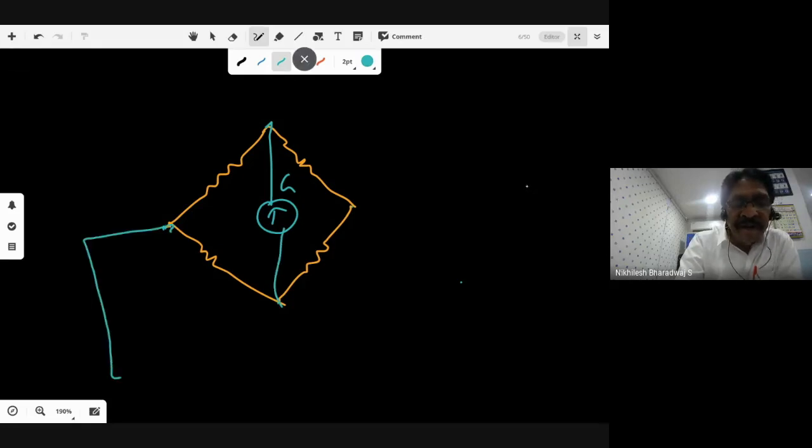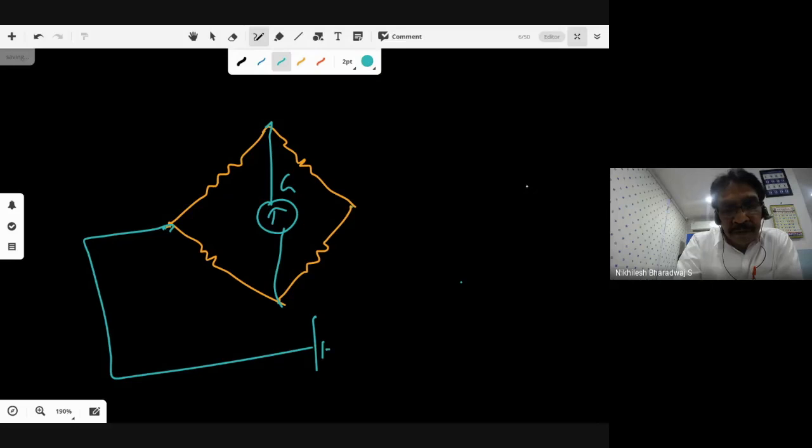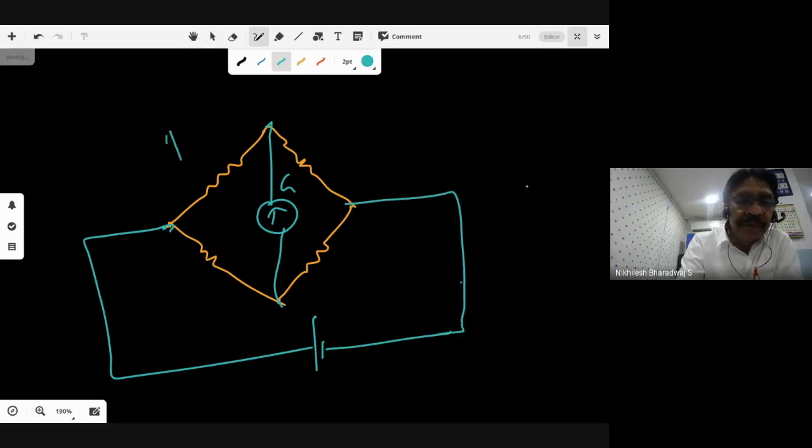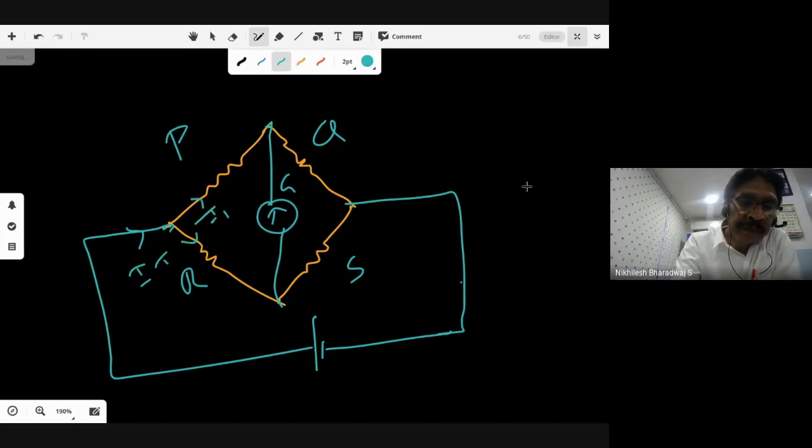The figure also carries marks. Just label P, Q, R, S. The main current comes here. You can say I1, I2, IG, I3, and I4.